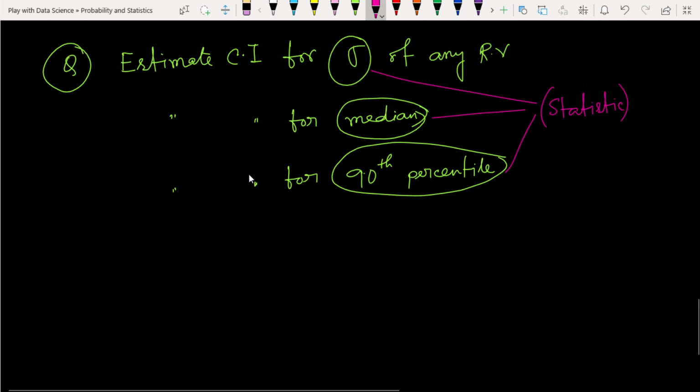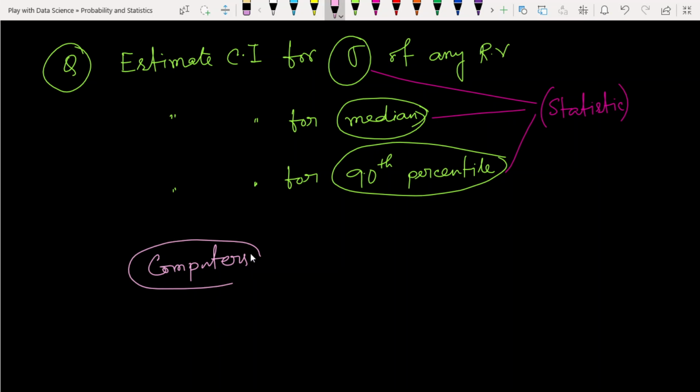To estimate these, the iterative algorithms of computers come into the picture to calculate this.